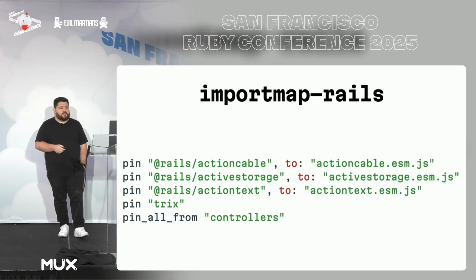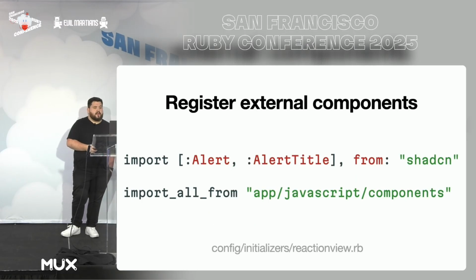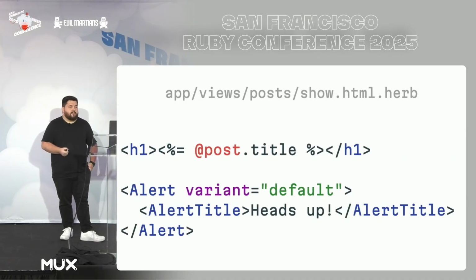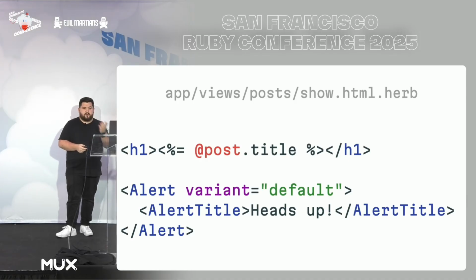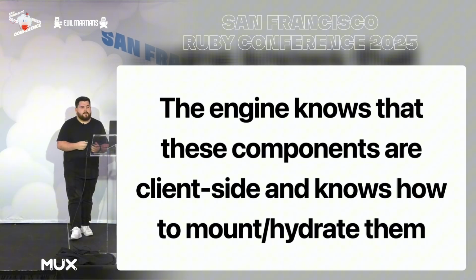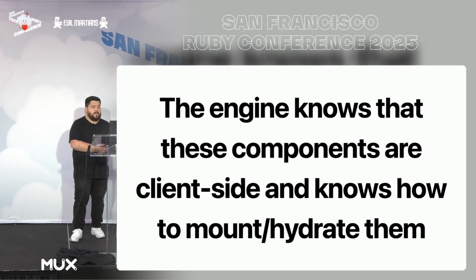The idea here is, like we have with import maps in Rails, where you can pin dependencies, you can say, I want to import these components from these packages or from my local folder and expose them to our Vue context. And then the engine knows how this stuff works, and you might just be able to use those in your regular views. It knows how to hydrate them, it knows how to mount them, and knows how to just deal with them, because it knows about the context.